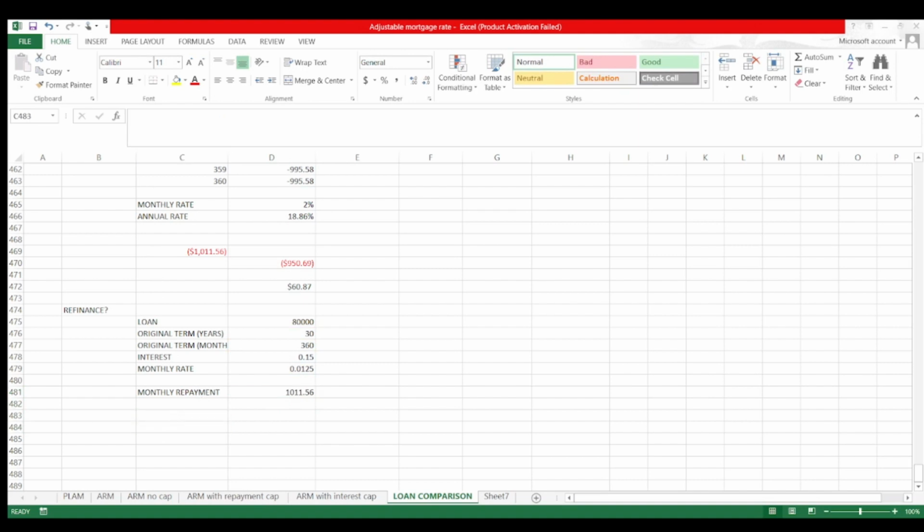Now let's also calculate the refinancing cost. So first of all, suppose the prepayment penalty of 2% must be paid on the existing loan. So with that, let's note the existing loan, which is 78,976.5.